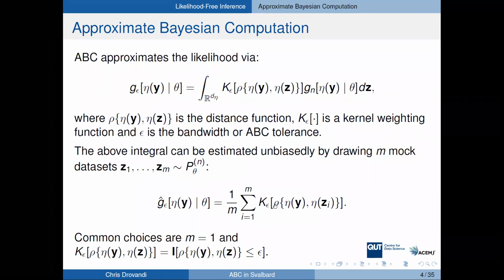And then finally, we have this epsilon, which is like a bandwidth parameter. This is basically a bias-variance trade-off in the approximation of the likelihood. If your epsilon gets smaller, then you reduce the bias, but you also increase the variance. Then you have some kind of approximation to the likelihood, which you can put into some Bayesian algorithm, for example, SMC or MCMC. Here we're going to be using MCMC.